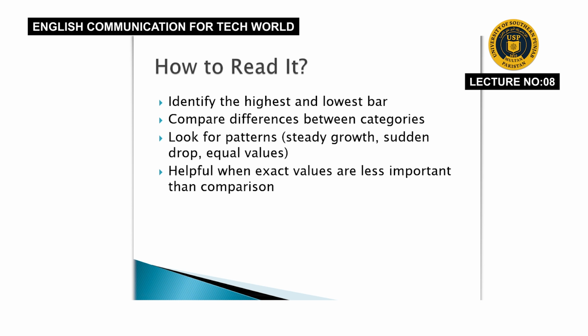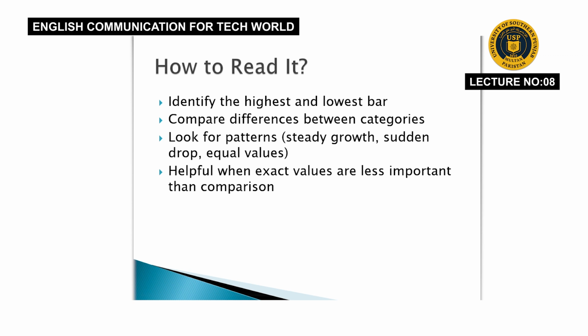Now, how to read a bar chart. When reading a bar chart, your first and foremost task is to identify the highest bar. This tells you the best performing category. Then identify the lowest bar, which shows the weakest performance. Next, compare the difference between the bars. Are some bars close in height?